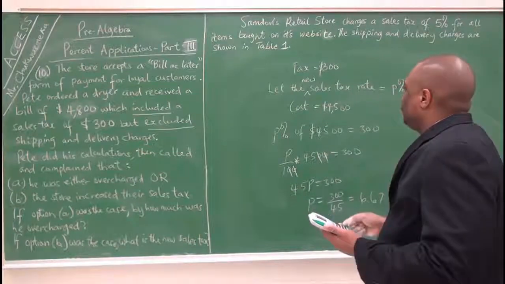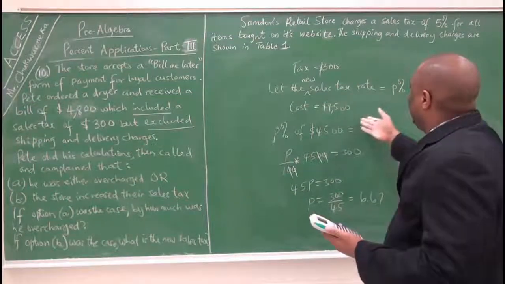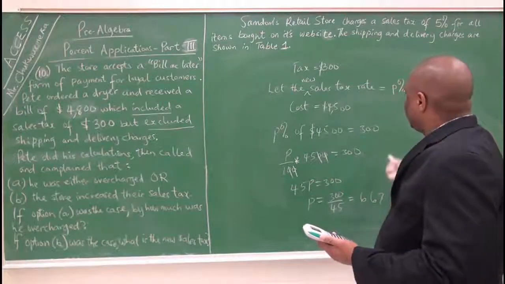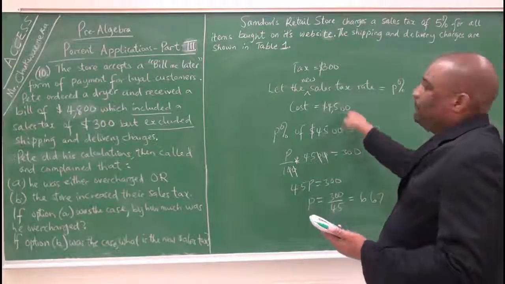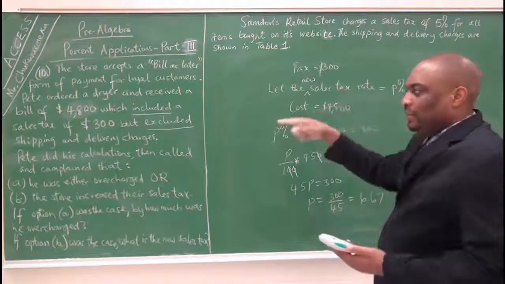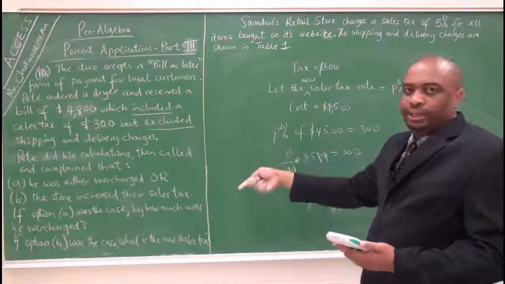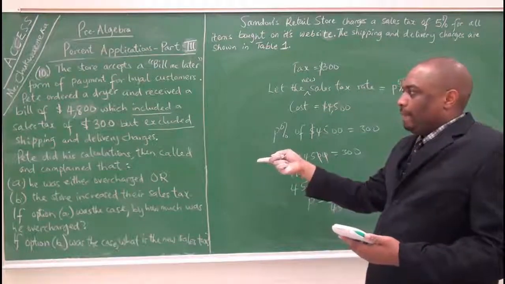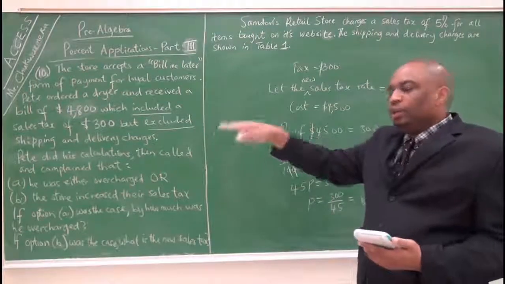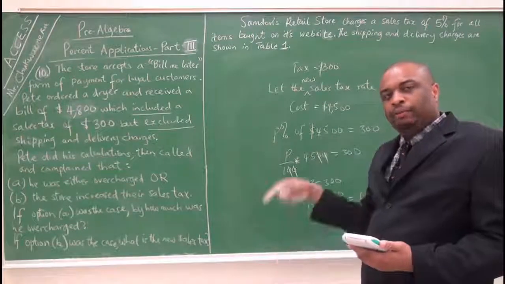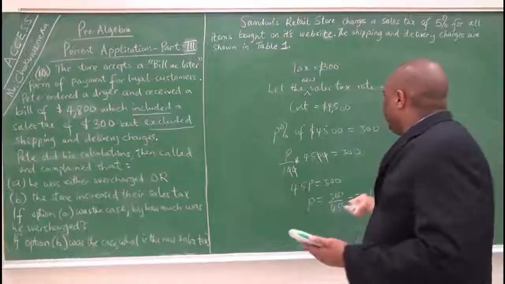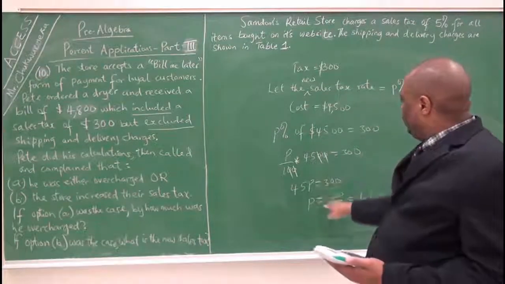We can check this: 6.67% of 4,500, is it going to give us 300? You understand what I'm saying? Because this 4,800 includes 300, so the actual price is 4,500.